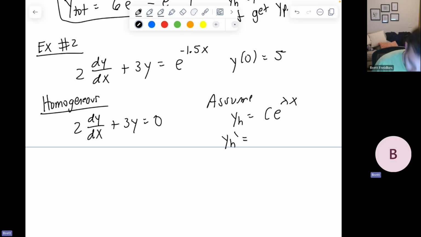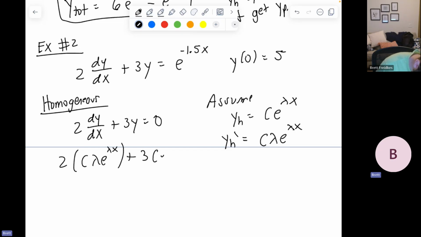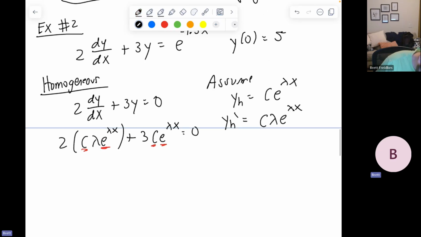We'll take the derivative with respect to x. You get C lambda e to the lambda x. So you get 2 C lambda e to the lambda x plus 3y, and the whole thing is equal to 0. And just like before, the e's will cancel and the c's will cancel. We get that 2 lambda plus 3 is equal to 0.